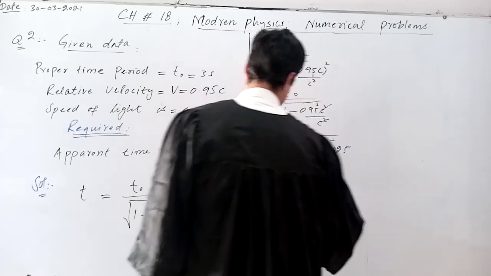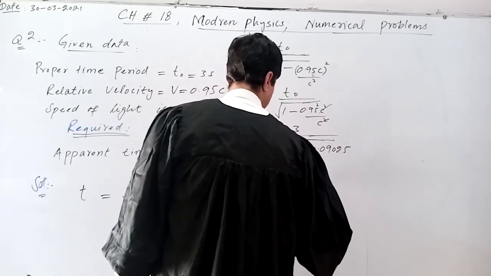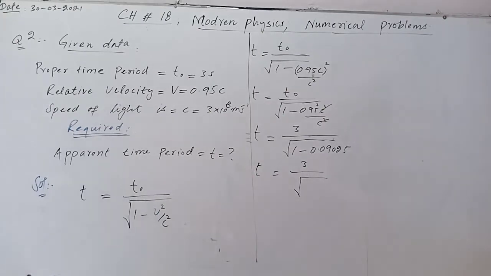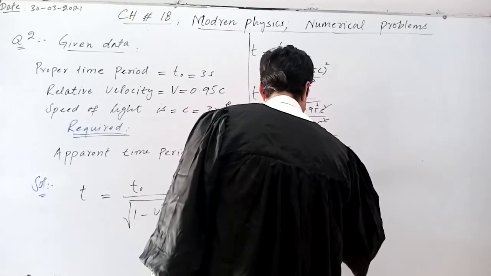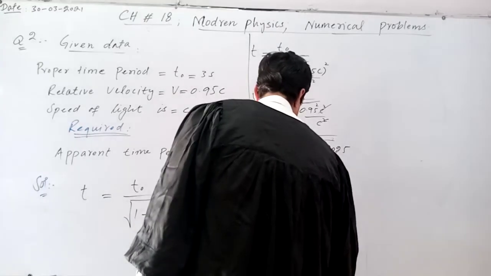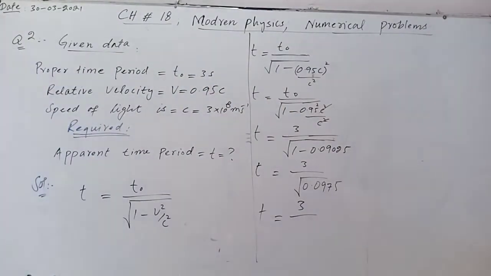This is a very simple calculation. So T equal to 3 divided by under the root 0.0975. The square root of 0.0975 is equal to 0.312.